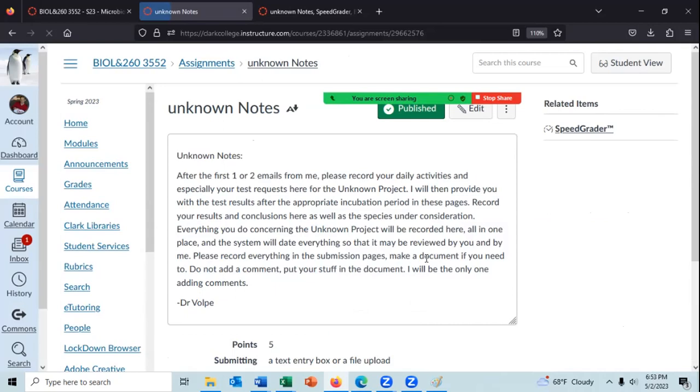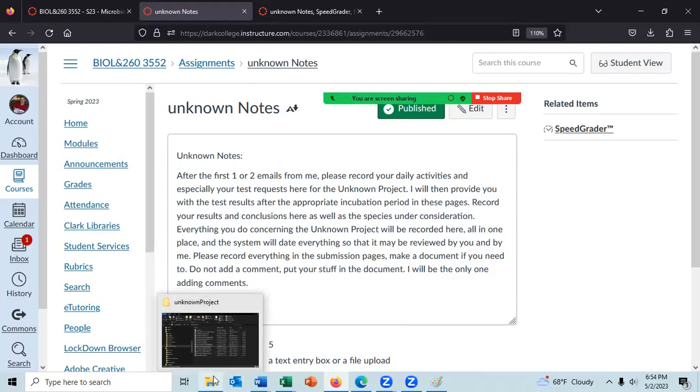All right, any question about your unknown notes page? Yeah, I have a question. Okay. Are we supposed to submit a new dichotomous tree every single time in our notes? No, you don't need to do that in your unknown notes page. Okay.